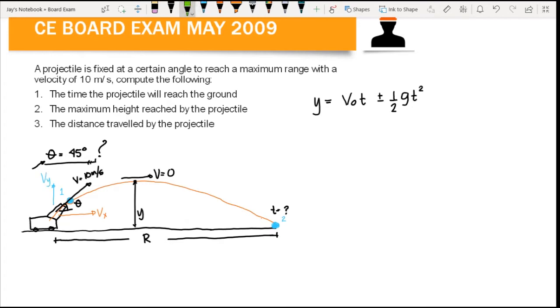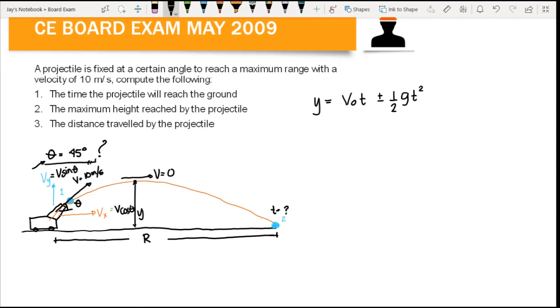To compute for vx, that is the initial velocity times the cosine of theta, correct? And vy here is the velocity times the sine of the angle theta. In this case, since we are referring to the vertical height y, we will be using the vertical component of the initial velocity.